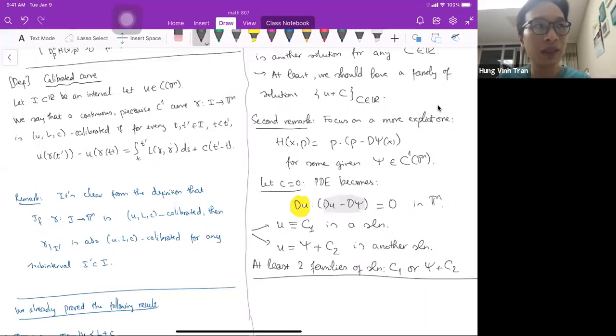You can combine these two solutions by taking the minimum of the two, if you know this already. We're going to prove later on that this is also a solution. So there is a very complicated dynamics of solutions here, and characterizing all solutions and understanding everything is going to be a big deal. Okay, so that's that.